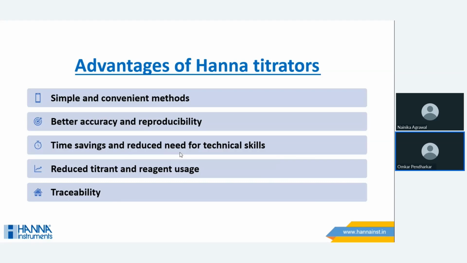You can get the complete data for that titration stored in the instrument, as well as you can see the GLP, that is good laboratory practices, calibration data saved in the instrument. So your data will be completely traceable, and it can be stored inside the instrument, as well as transferred from the instrument directly to a PC.